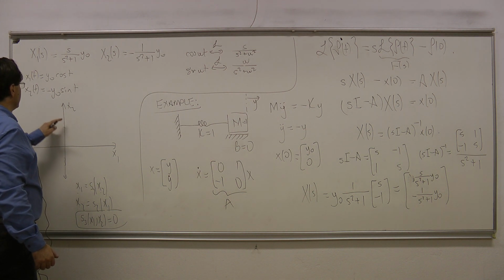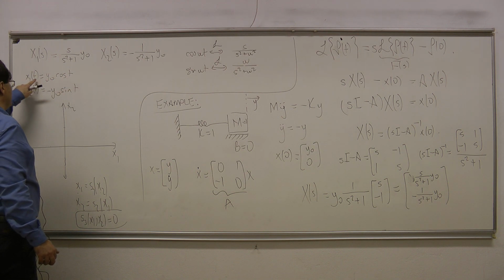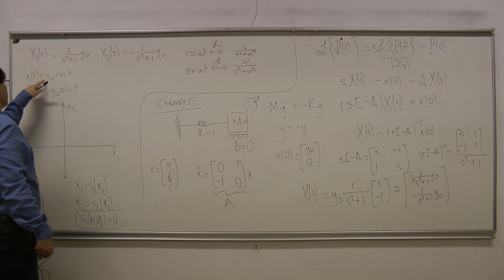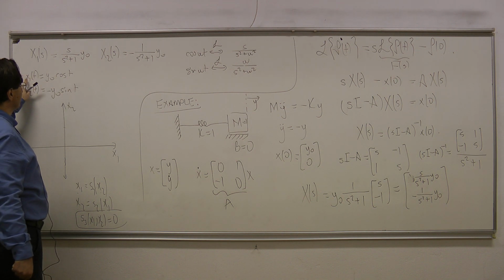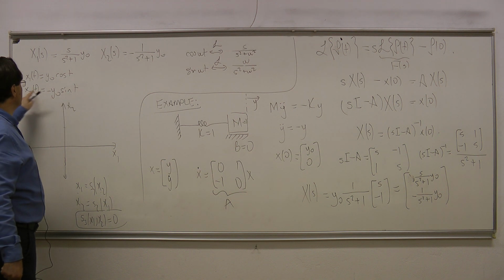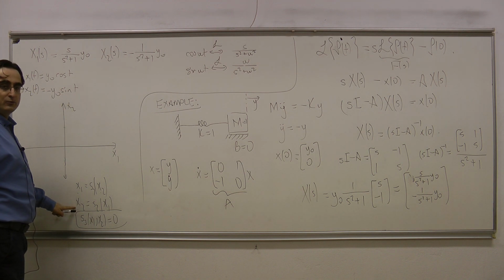What I can do is express t as a function of x1 from the first equation: just divide x1 by y0, take the arc cosine, and write what t is in terms of x1, then substitute it into the second equation. Then you would get x2 is equal to some function of x1.